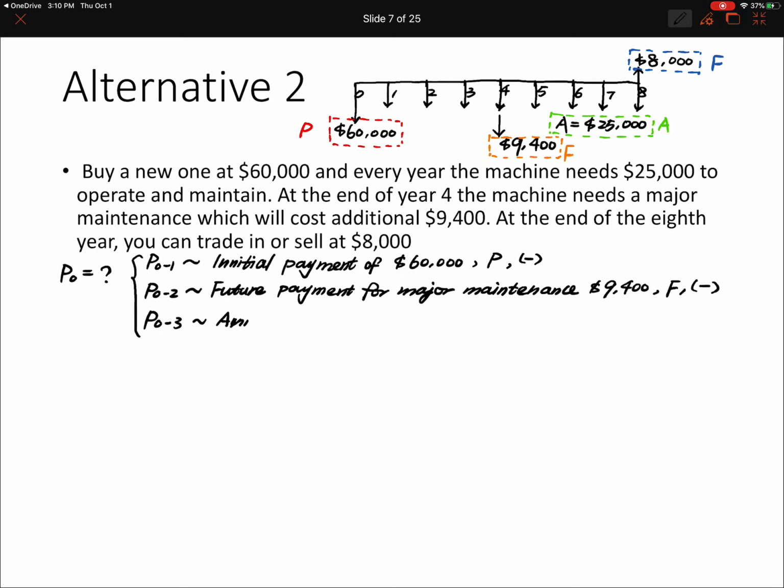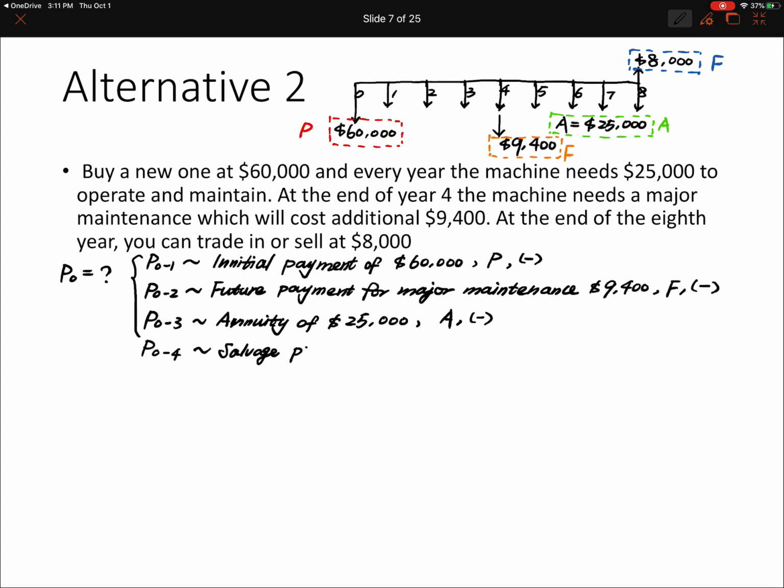The third part is from the annuities, right? 25,000 for every year. So annuity of 25,000. The type of cash flow is annuity. It is also negative because it's cost. And at the end of the 8th year, you have the fourth part to convert back to the present time.